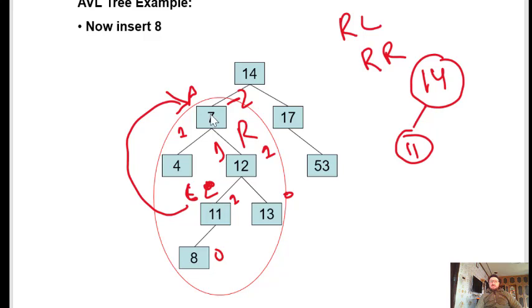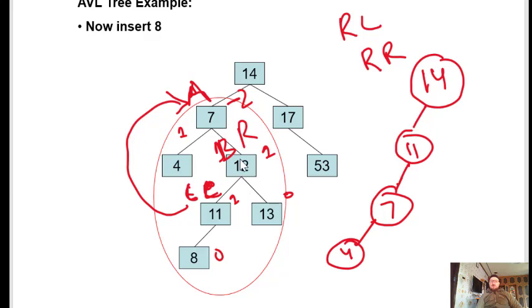Simple as it is, because I have to make A and B. Now this is my A and this is my B. Both have to be the child of C. So that means 11 will go here and now A will become the child of C. With the 11, 7 is smaller, so 7 has to be the child of the 11. And with 7 there was 4, so you keep the 4 there.